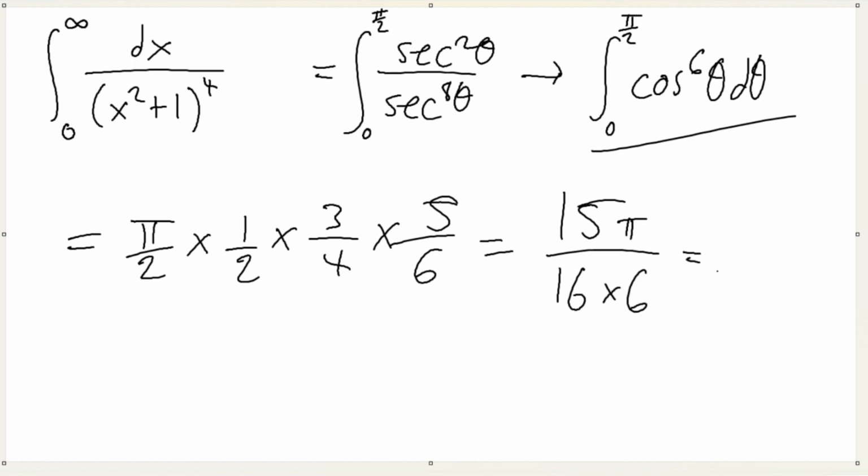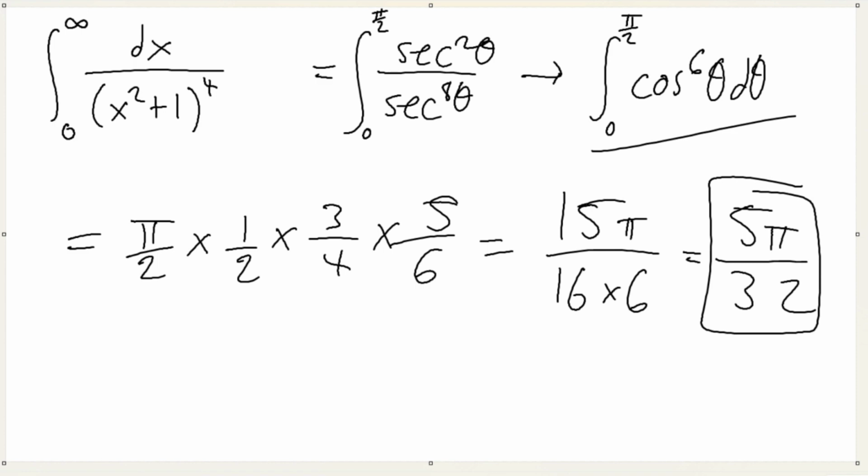And then you can simplify this further. Divide by 3. This would be 5 pi over 32. If you were to do the beta function, this would be ugly because you would have to deal with halves. But here, we can just use trig sub and do Wallis's product.